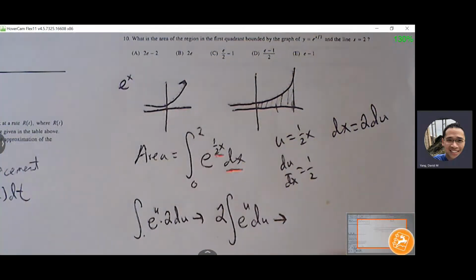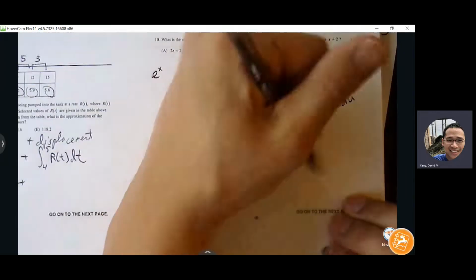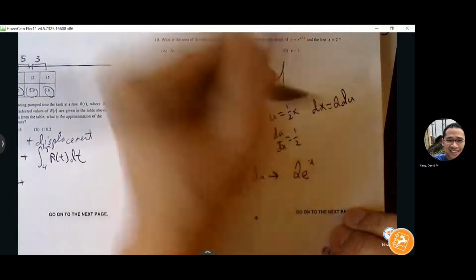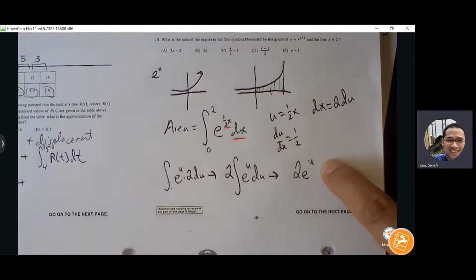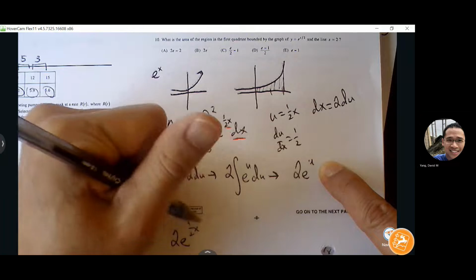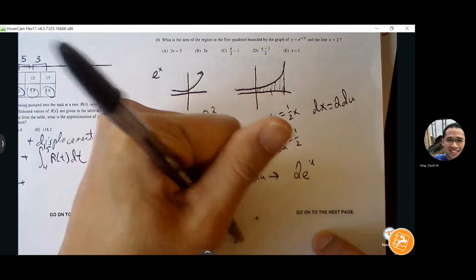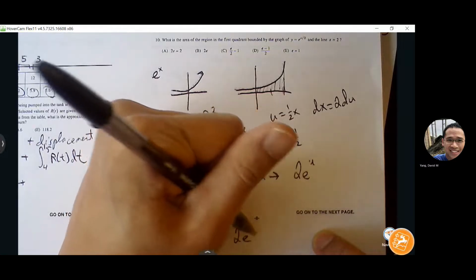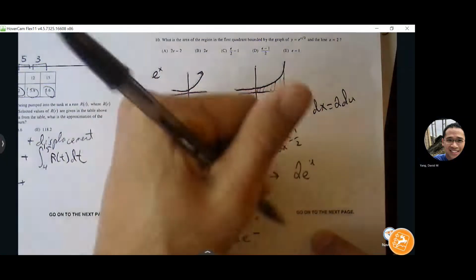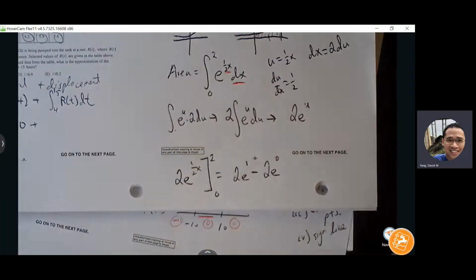Take the antiderivative. We know e to the u is an easy rule. This is just itself. So e to the u becomes e to the u. Normally I would do plus c, but we have bounds involved. So I'm going to bring back my original variable, and then work in my original bounds. 2 over 2 is 1. Careful. e to the 0 is also 1. So I get 2e to the first power minus 2.